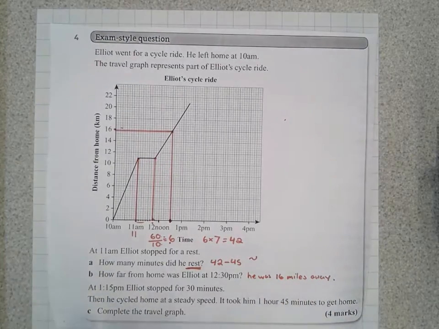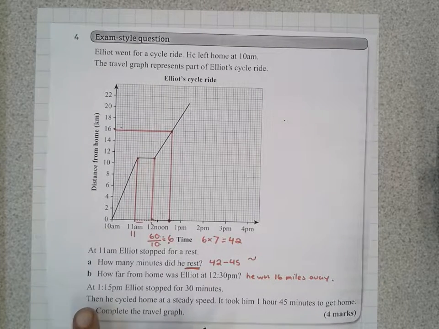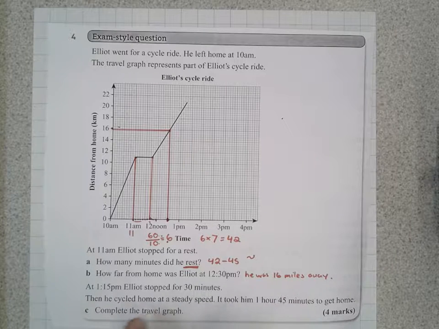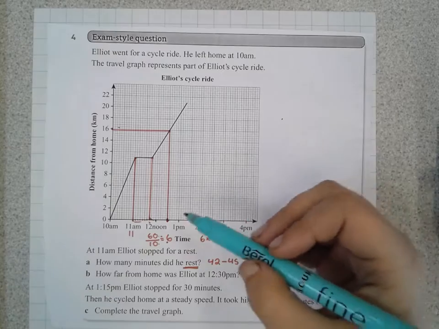So then we have a bit further to go here. Question C. We're given a bit of a description about Elliot's trip. It says at 1:15, Elliot stopped for 30 minutes. Then he cycled home at a steady speed, and it took him 1 hour and 45 minutes to get home. Complete the travel graph. So we're going to start where 1:15 is.